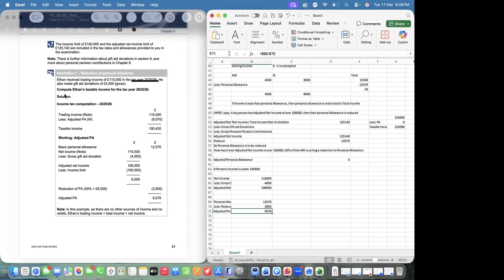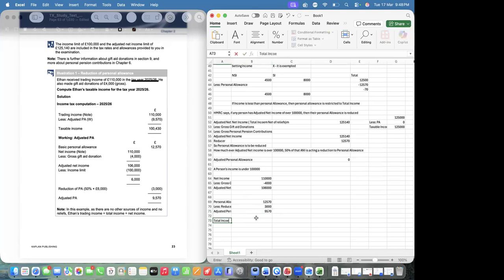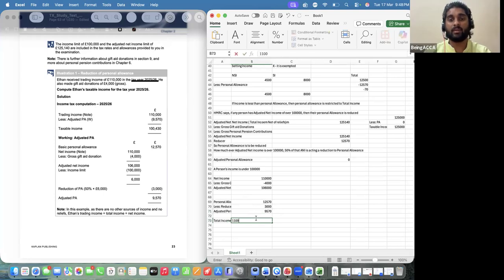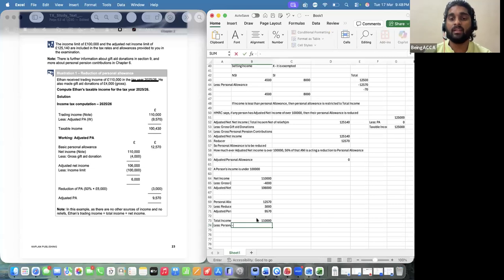Okay. Yes, sir. Now what are they asking us? They're asking us to calculate taxable income. What is taxable income? It's the net income less personal allowance. Net income is 110,000. Correct. Less personal allowance, which will be minus this 9,570.